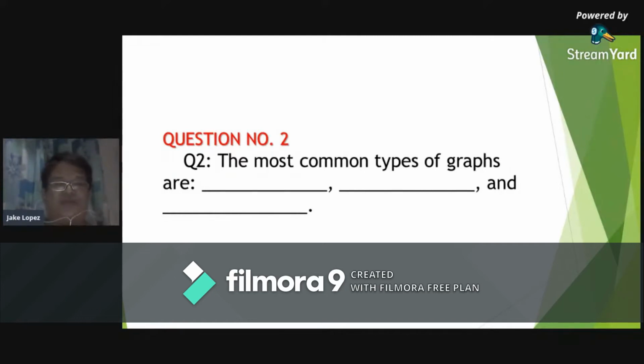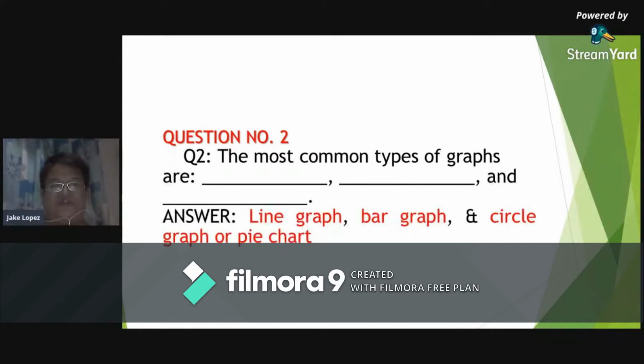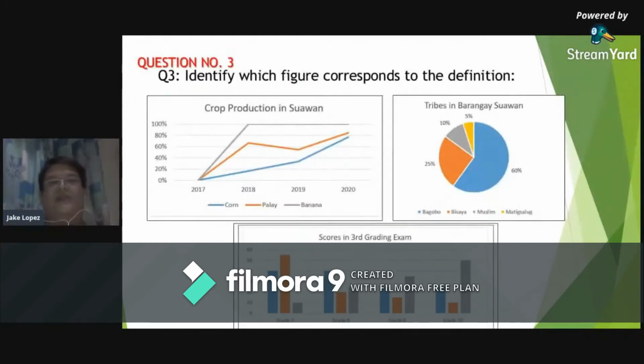So question number two, the most common type of graphs are blank, blank, and blank. So we have the line graph, the bar graph, the circle, or the pie chart. Okay, so here you can see on the three images, you have to identify which figure corresponds to the definition.